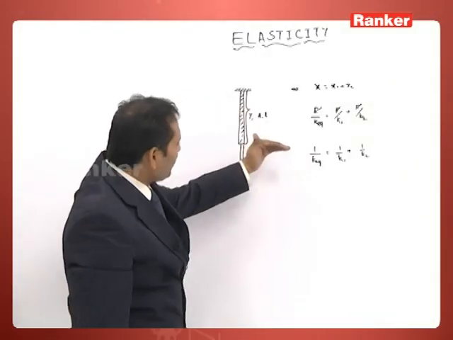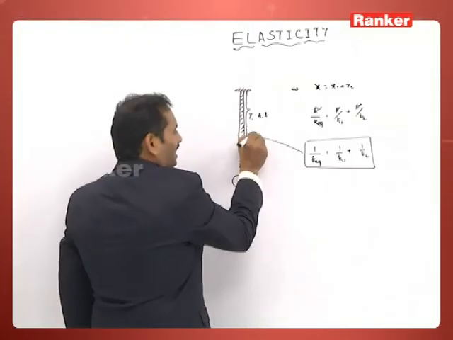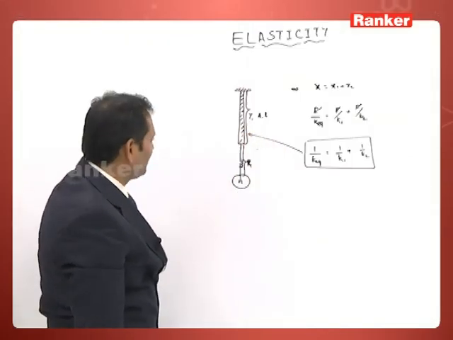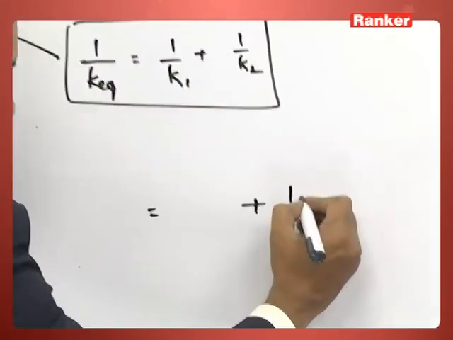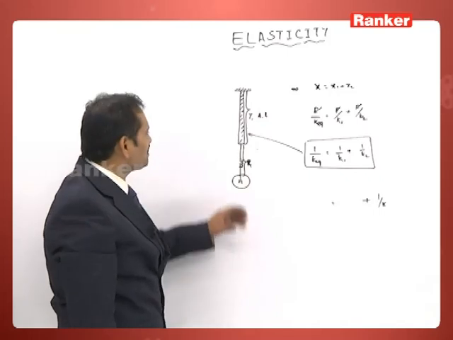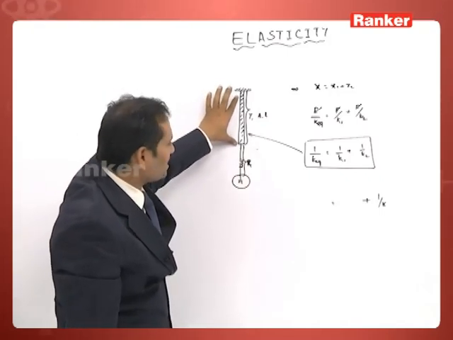Apply this equation to our question. K2 is given as a spring constant K, but the other is what? An elastic wire. How to find the spring constant of this wire?